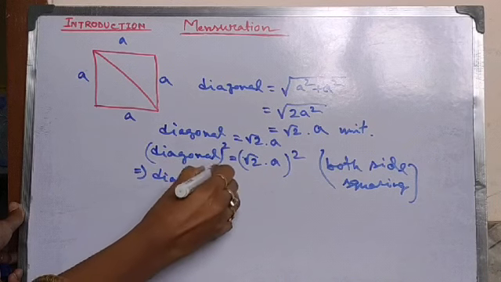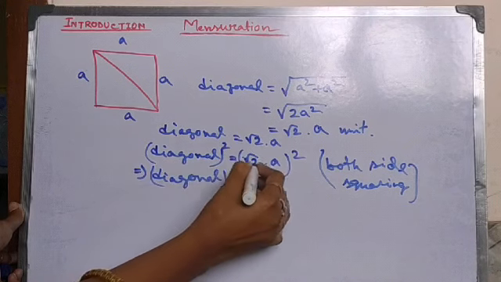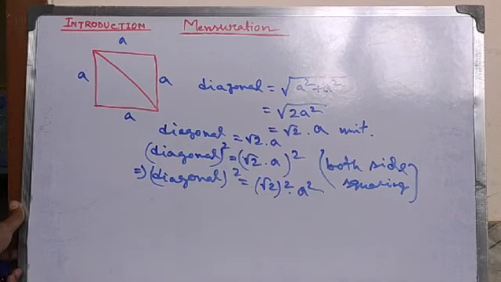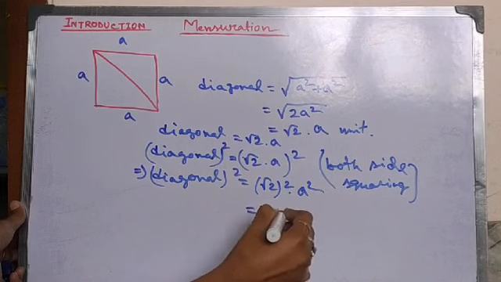Diagonal square equals root 2 square into a square. Root 2 square means 2 into a square.